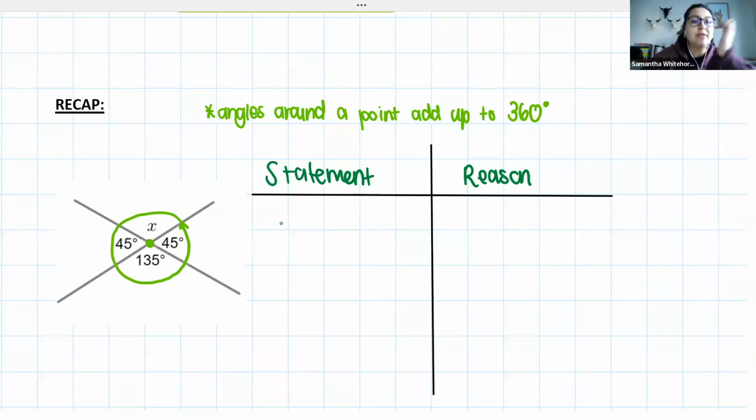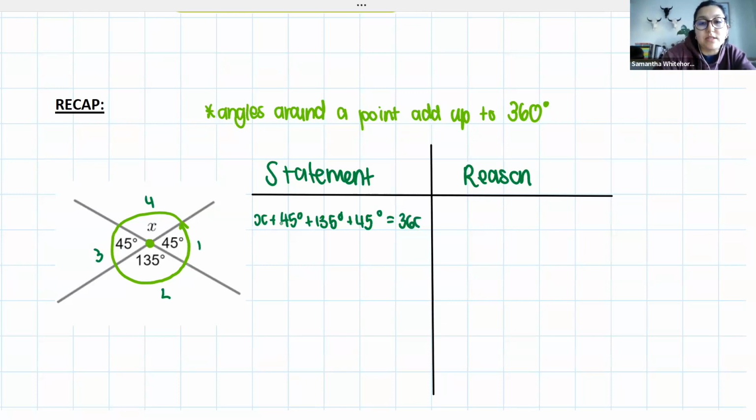Okay, so if we have a look here, our statement is going to be that we know that x plus 45 plus 135 plus 45, so if I'm adding all of these four angles together, must give me 360 degrees.